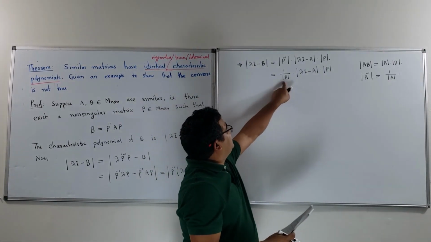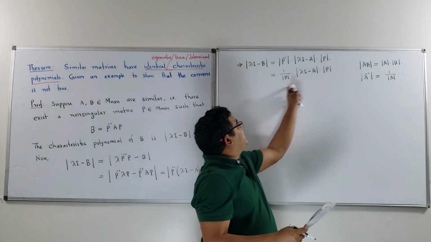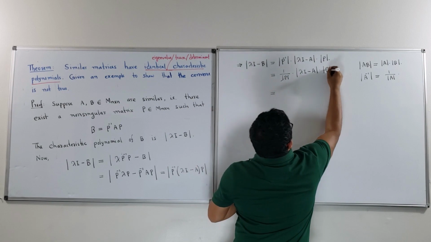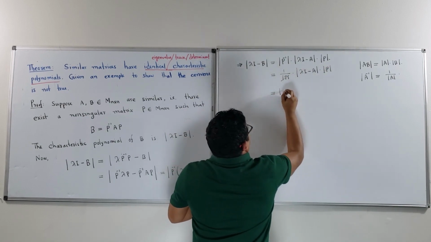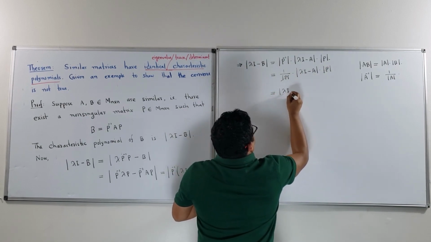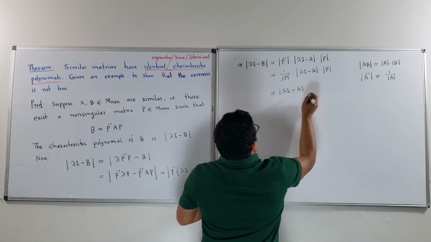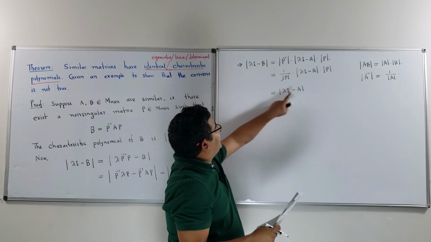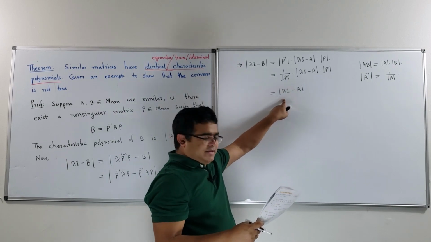So this is a number, this is also a number, so we can cancel them out. Then we have only the determinant of lambda I minus A. So the characteristic polynomial of B and the characteristic polynomial of A are the same.